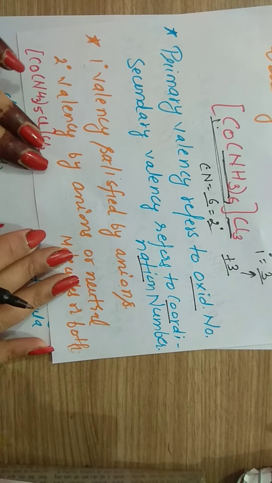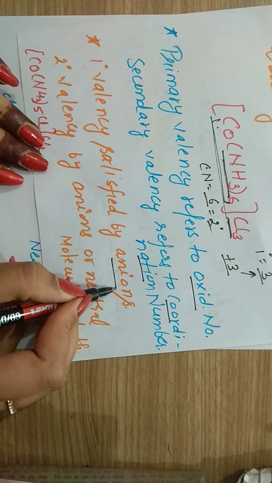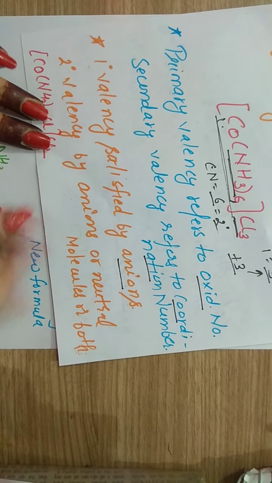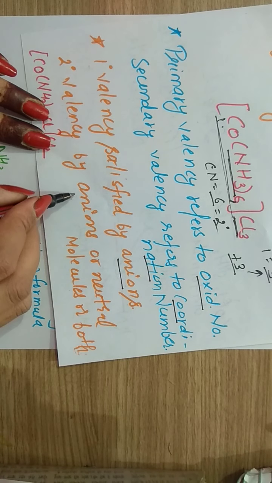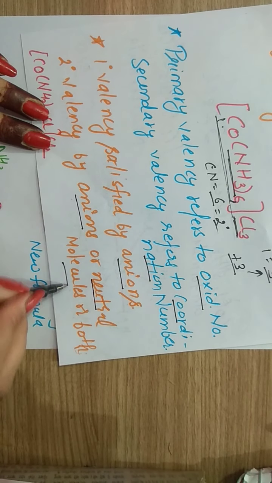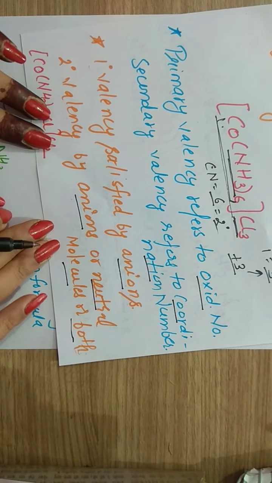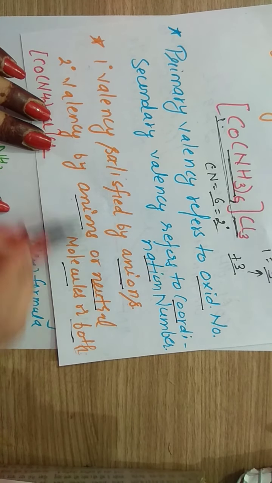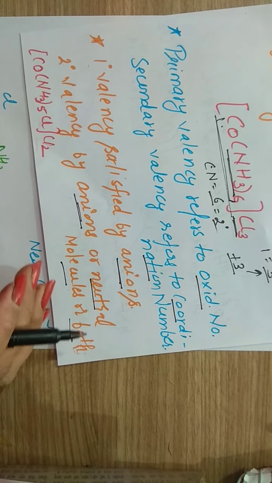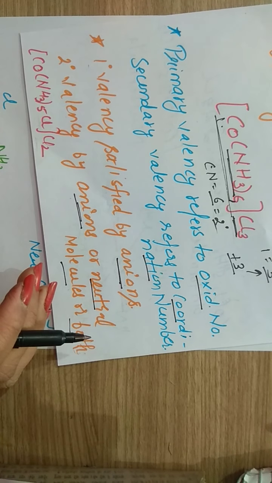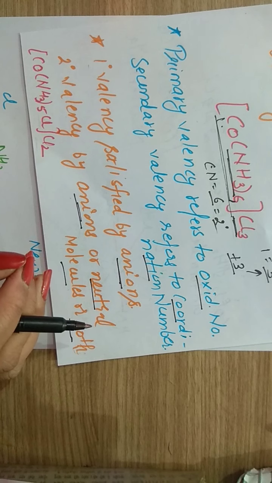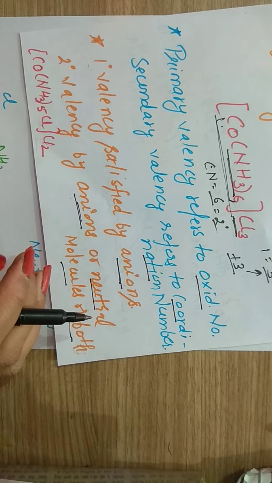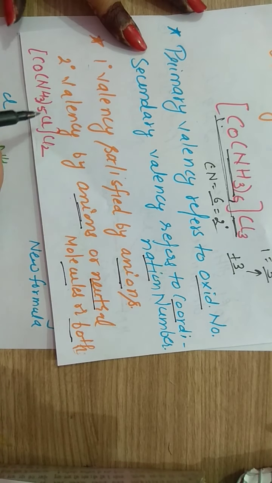Next he gives that primary valency is satisfied by anions. Secondary valency is satisfied by anions or neutral molecules or both. Now, in these 2 points, we can see that both contain anions. That means there will be some anions which satisfy both primary as well as secondary valency, and these anions are written inside the bracket.